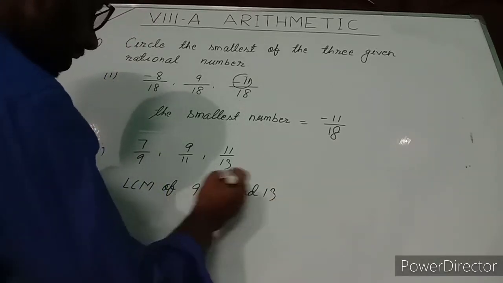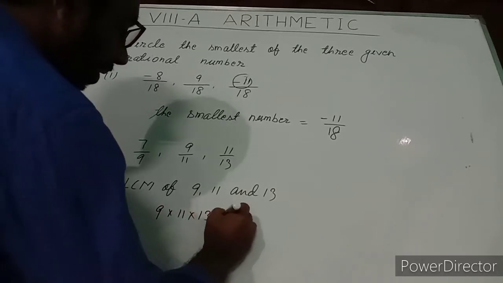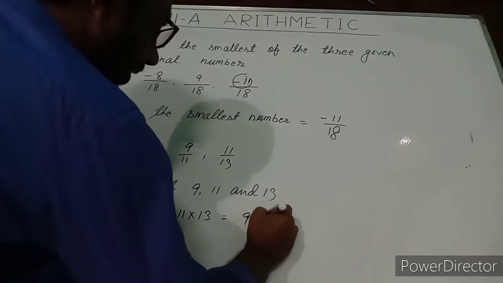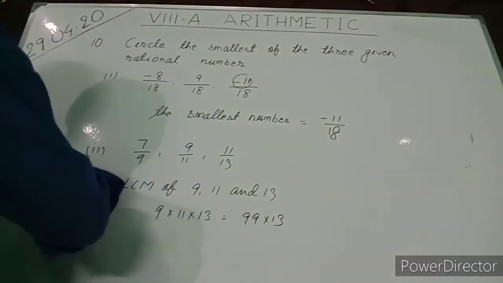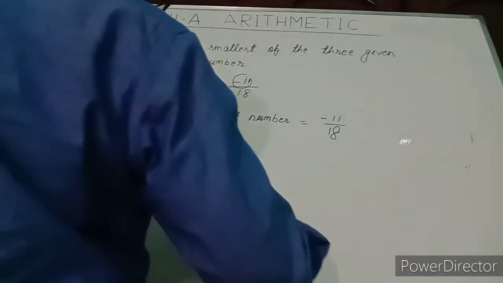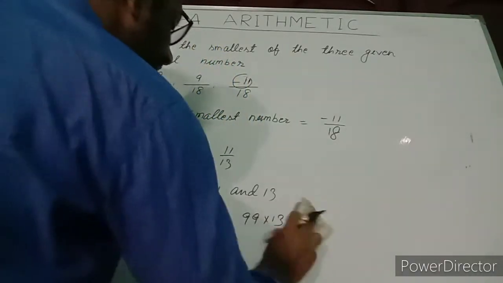So in this way we get the multiplication 9 into 11 into 13. So 99 into 13. In this way also we can multiply, that will be easy.